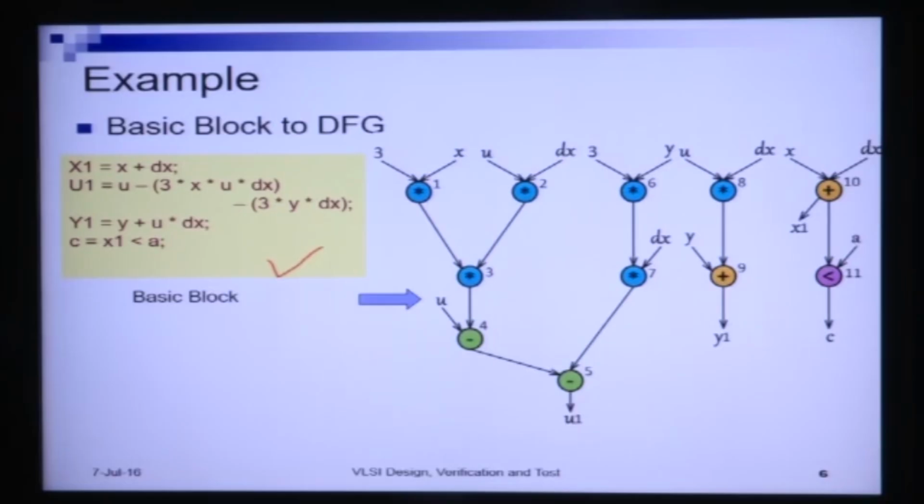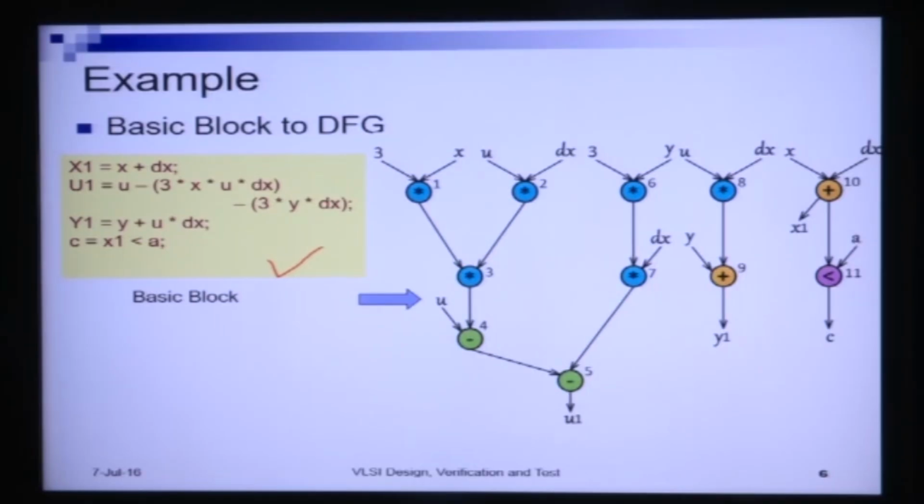This can be assumed to be the hardware description in Verilog, a behavioral description of a basic block. So x1 equals x plus dx, u1 equals u minus 3x u dx minus 3y dx, y1 equals y plus u into dx, and the last one, c equals x less than a.